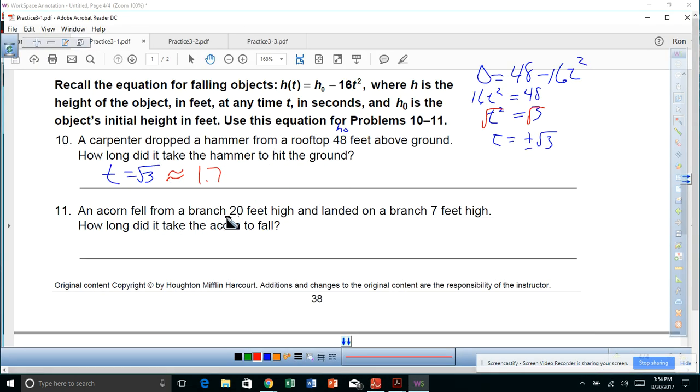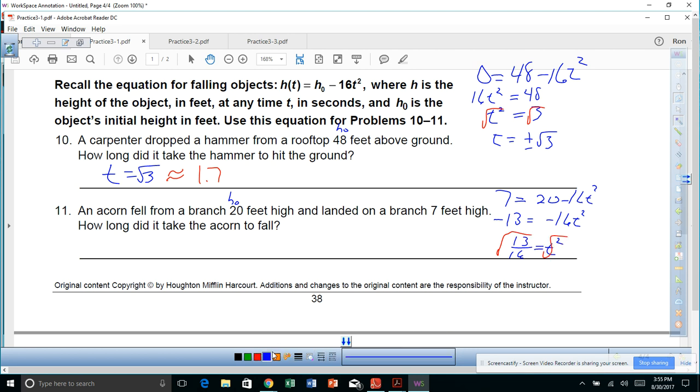An acorn fell from a branch 20 feet high and landed on a branch 7 feet high. So here's the initial height, and then there's where it stopped. So we're going to have 7 equals 20 minus 16t squared. So I'm going to subtract 20 from both sides. I get negative 13 equals negative 16t squared. Divide both sides by negative 16. I get 13 over 16 equals t squared. So let's take the square root of both sides.